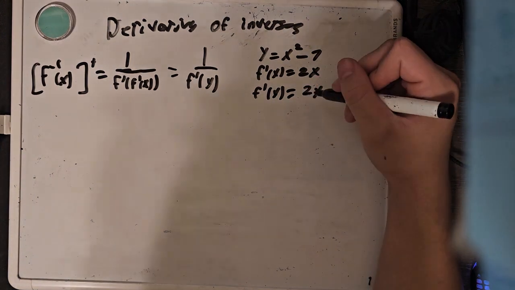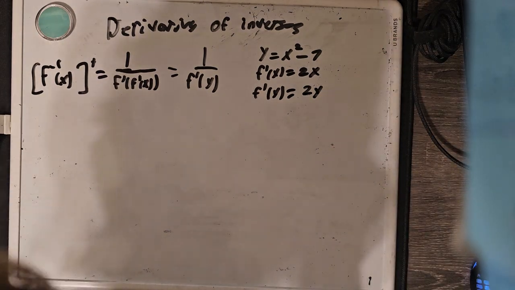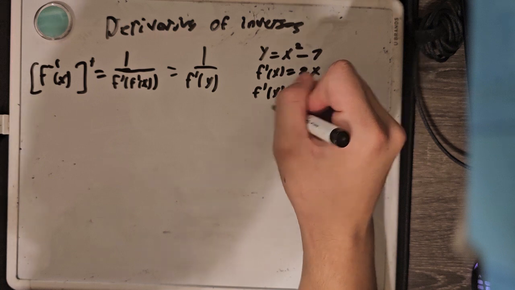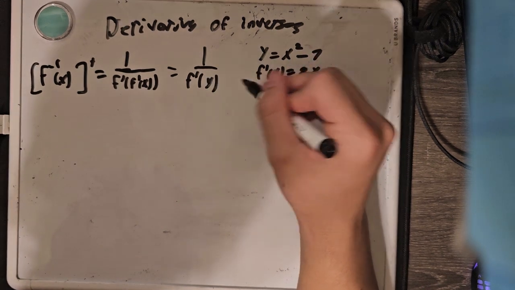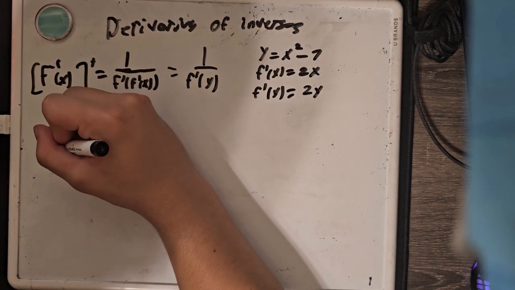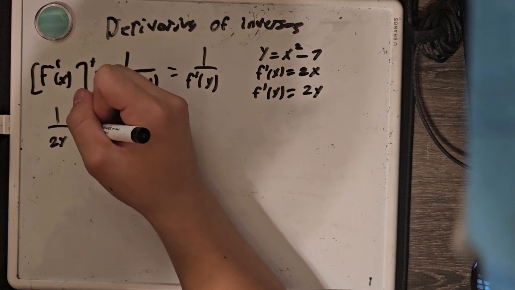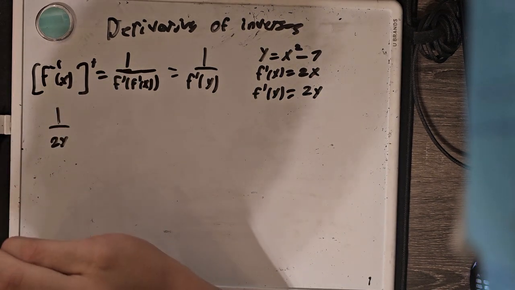So f prime of y is equal to 2y. So if we want to find the derivative of this inverse, we plug this 2y in for f prime of y. So 1 over 2y. But that's only the inverse derivative in terms of y.